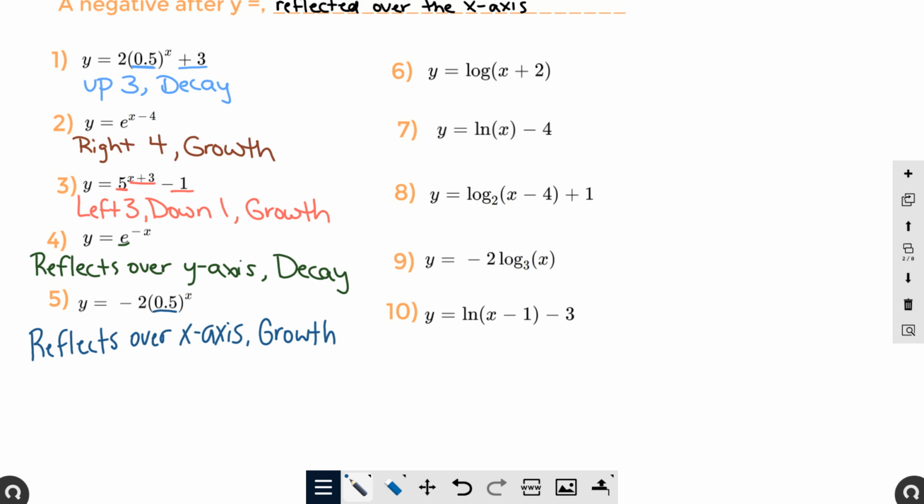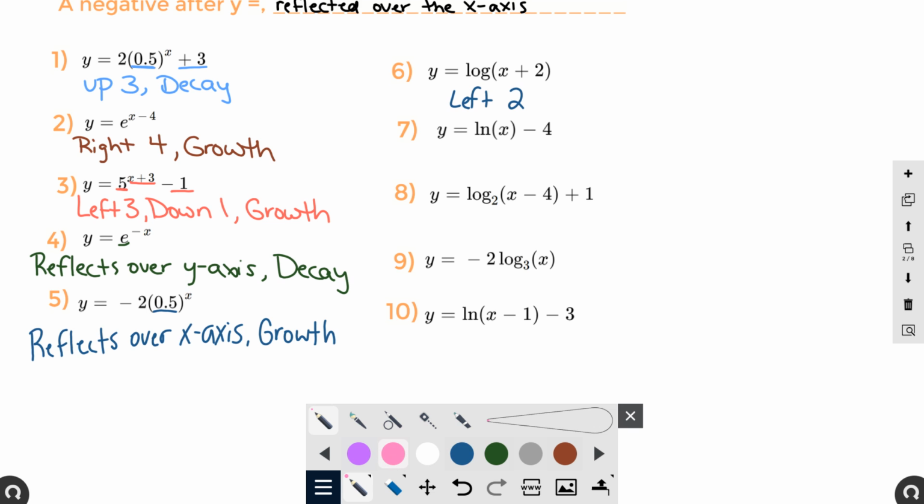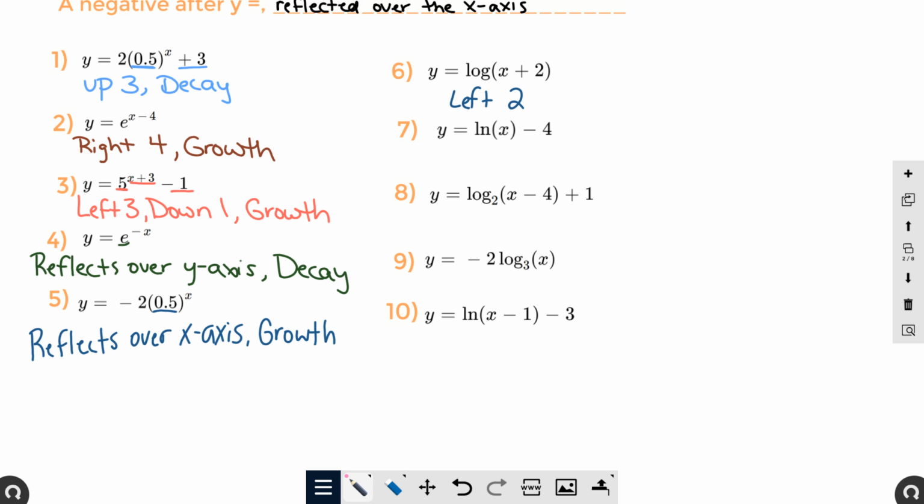So what would you say for this first one? How does this translate? It goes left 2 because it's with the x, so left 2. And that's all that you need to say. All right, what about 7? Down 4.